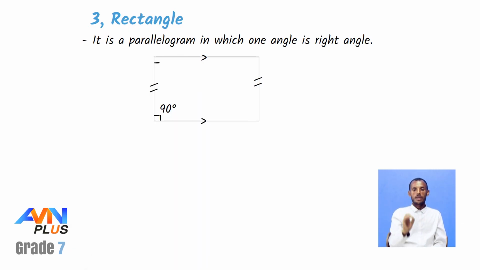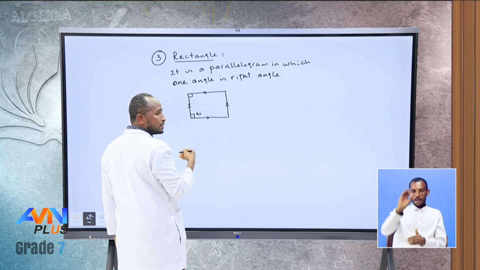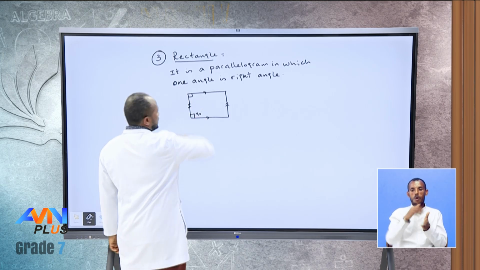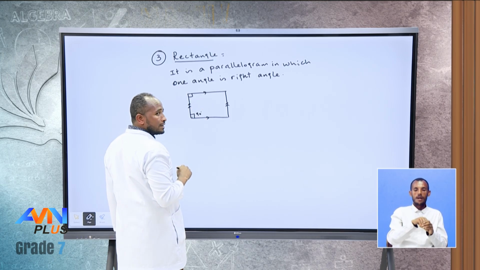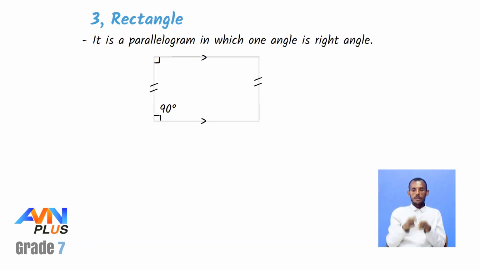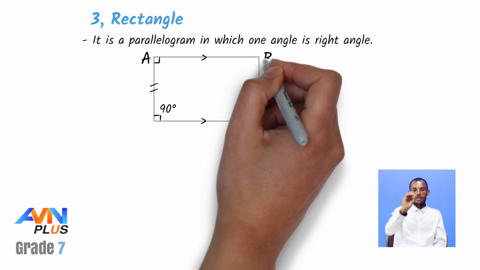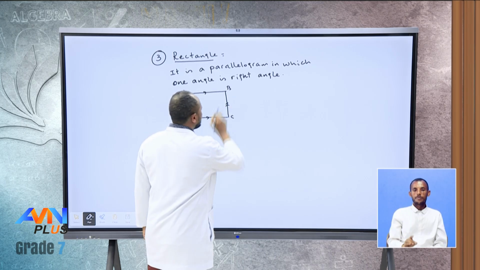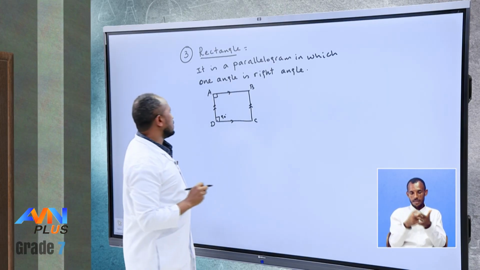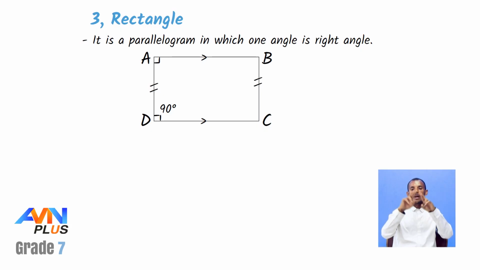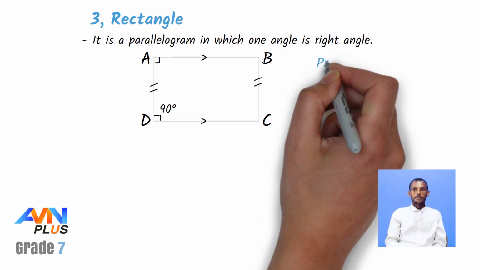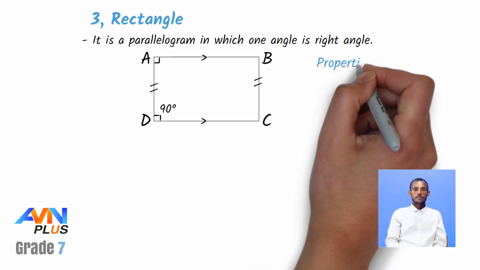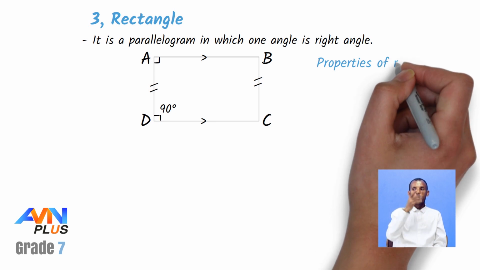Not only this, opposite angles are congruent, and so on. Therefore, all angles of a rectangle are right angles. So here, let's take this rectangle ABCD and try to list its properties.